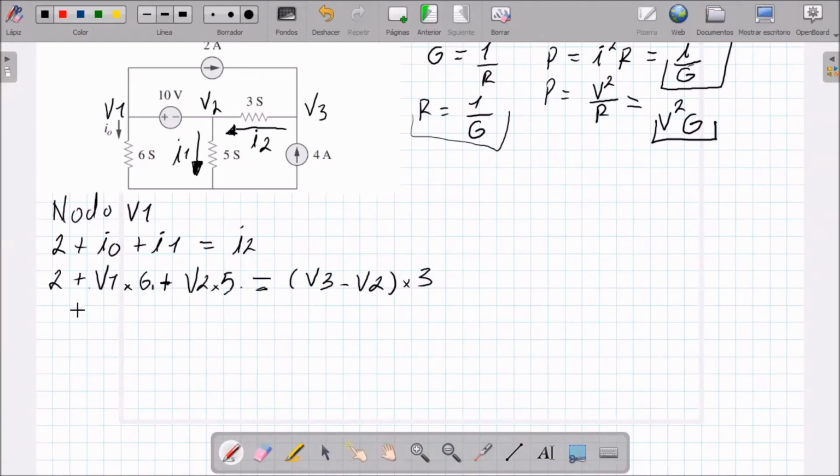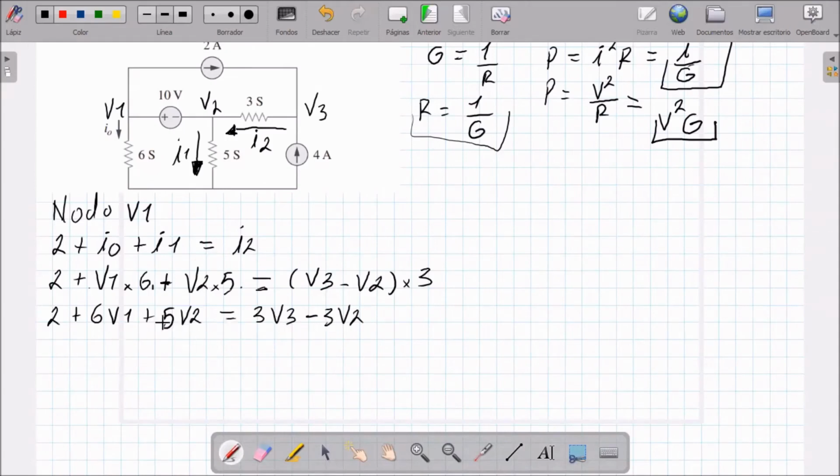Well, here what I have to apply is something. Here it would be 2 plus 6 V1 plus 2 equals 3V3 minus 3V2. And now I continue to apply something.